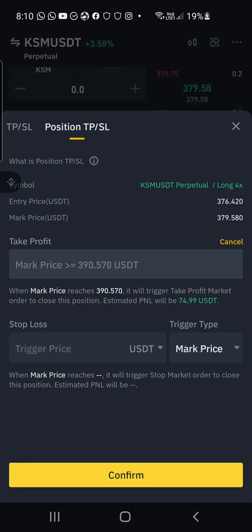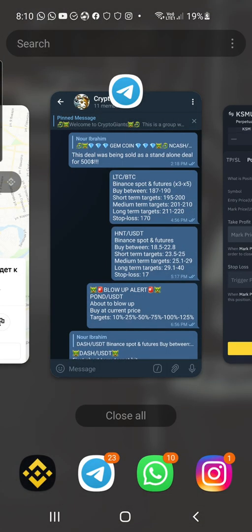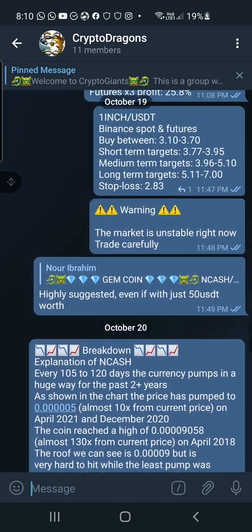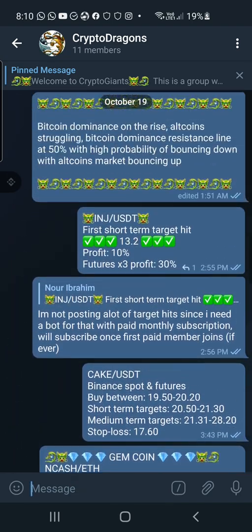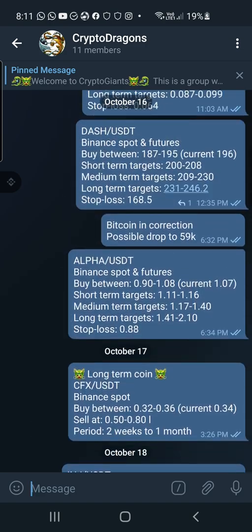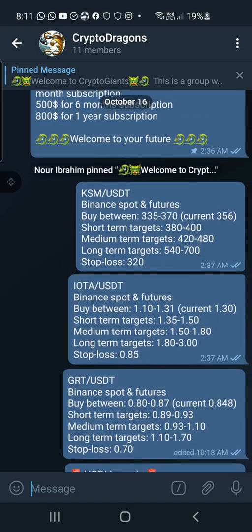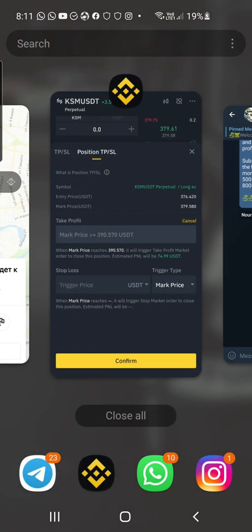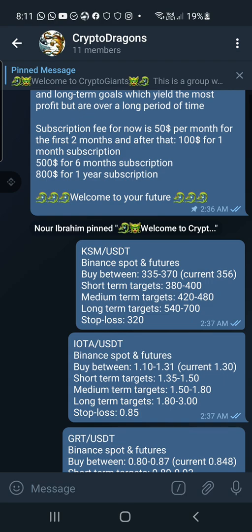You see, if we go back over here, I think I listed KSM somewhere. Yes, right there. So we have bought KSM, and now we want to sell it. Our short-term target is 380, but I'm not selling for 380.